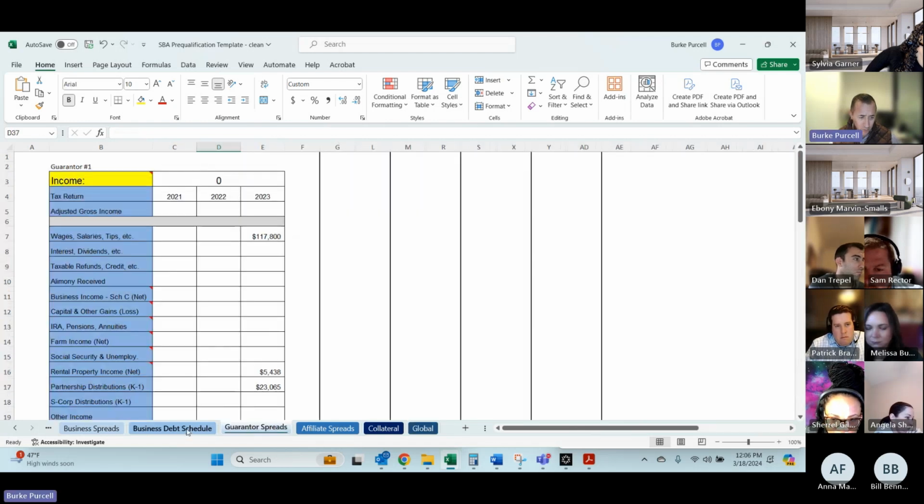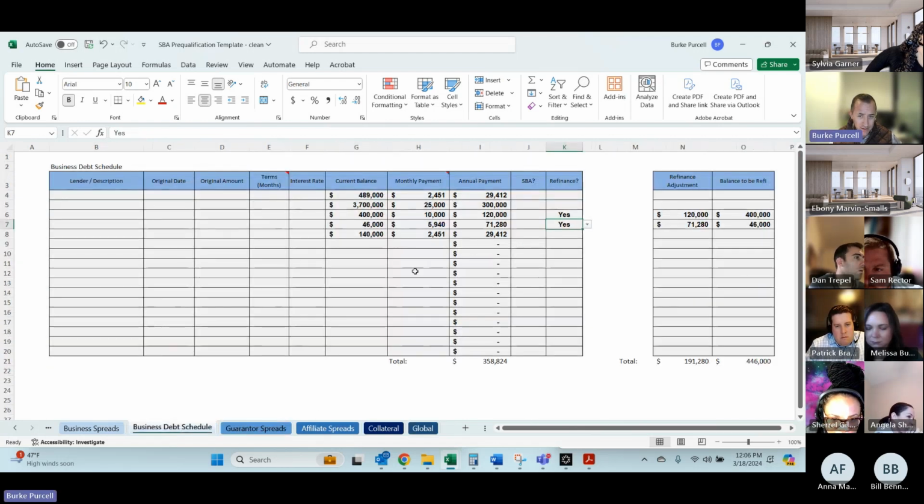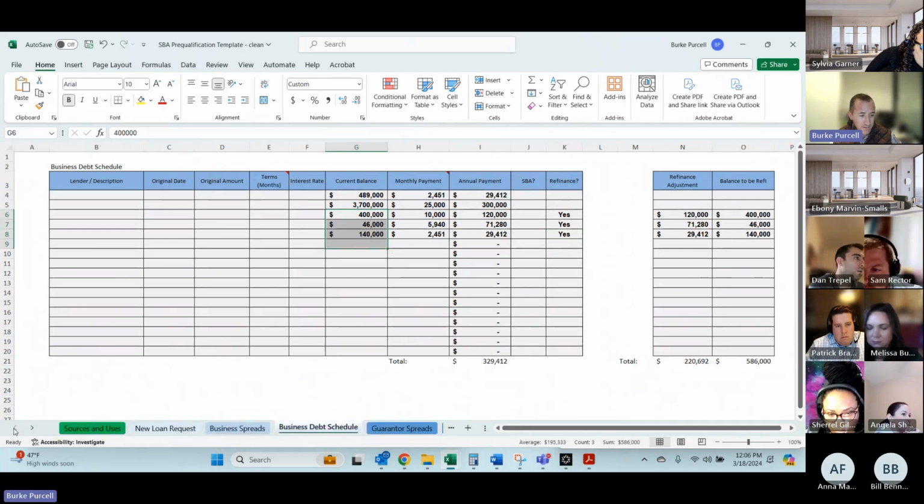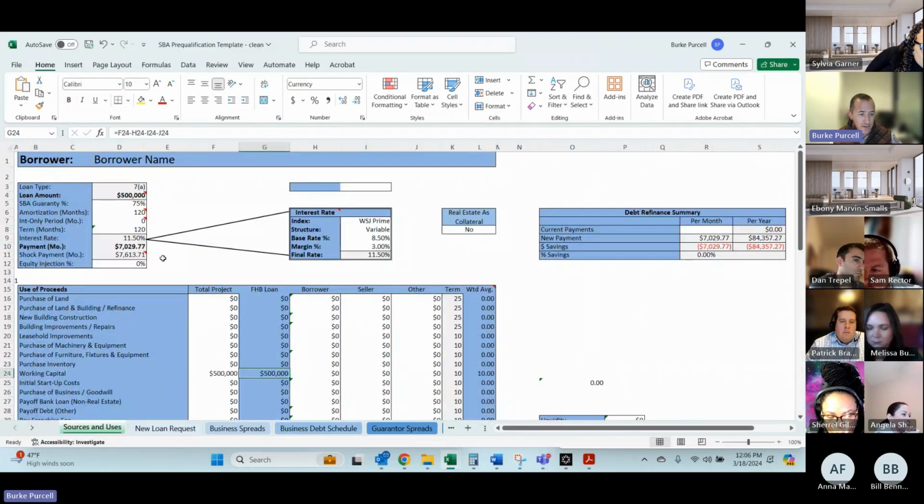So, the way I would approach this is I would probably say, look, we got to go ahead and also get this thing taken care of right here. This $140K, $2,400 a month. Let's take care of that also. Total amount here is $586,000 that this customer needs to refinance.